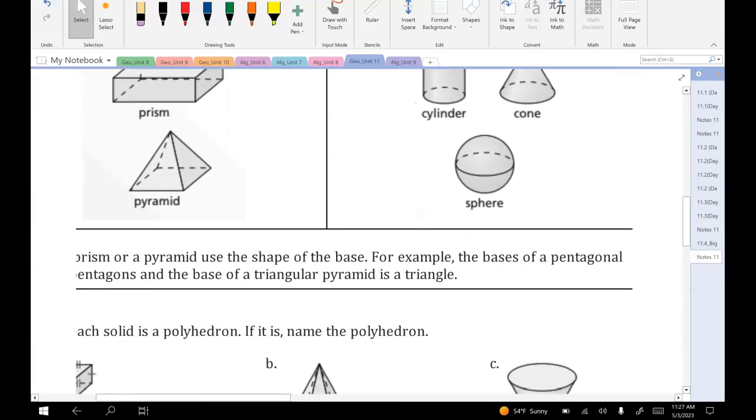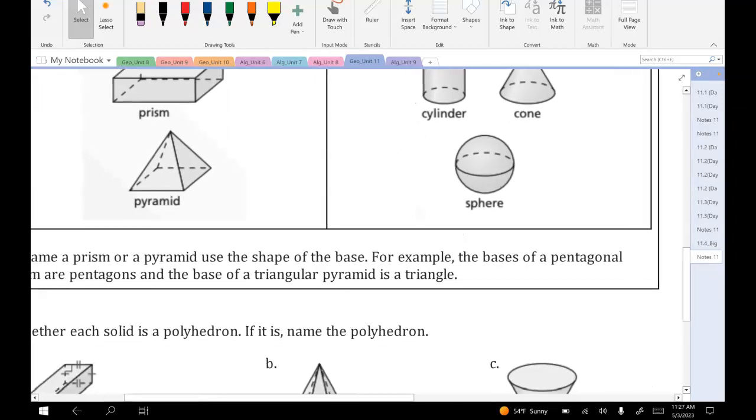Whenever you're naming a polyhedron, you first decide, is it a prism or a pyramid? Depending on which one it is, you give it a name based on what the base looks like. If the base of your prism is 5 sides, it's a pentagonal prism.